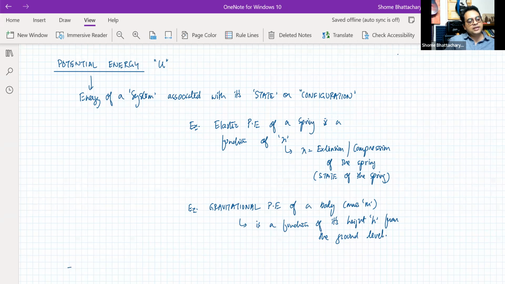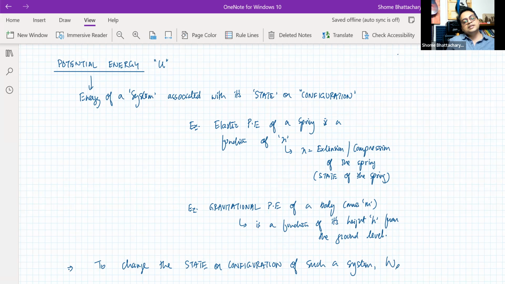And therefore, it also implies that to change the state or configuration of the system, the work done by the external agent equals the change in its potential energy.